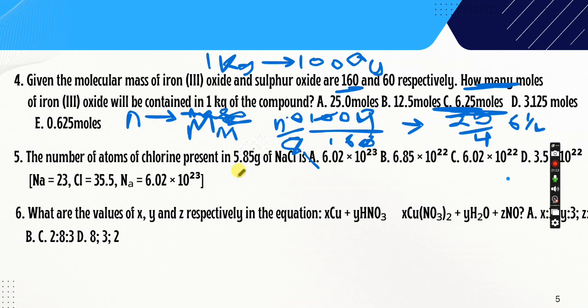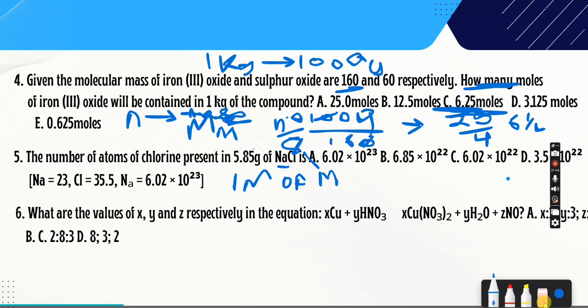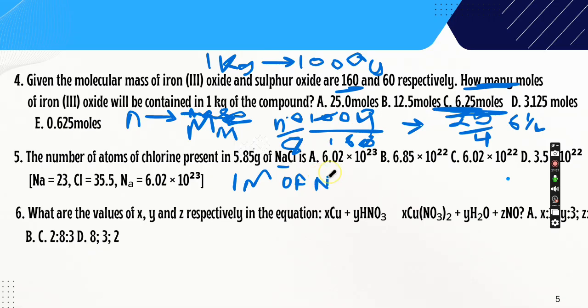So the first thing we need to know is that in a mole of sodium chloride, what is the number of atoms of chlorine that we are going to see there? It will be what?